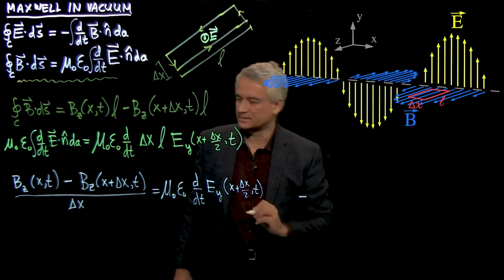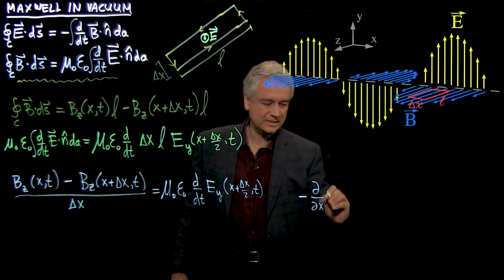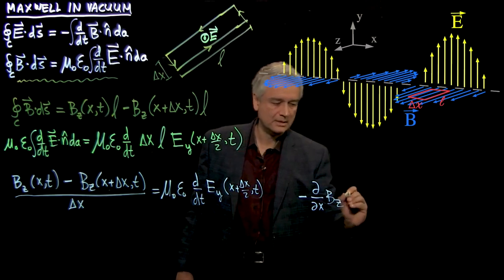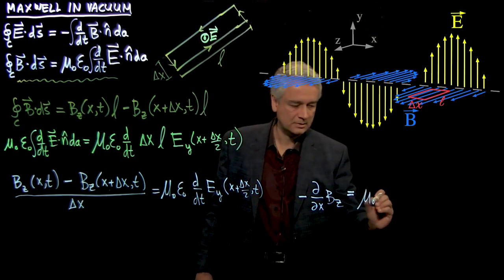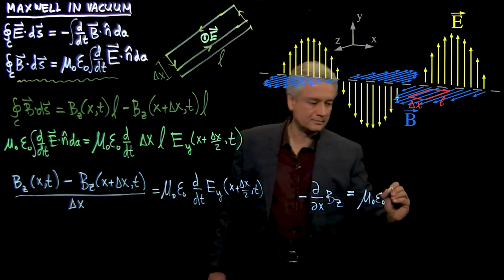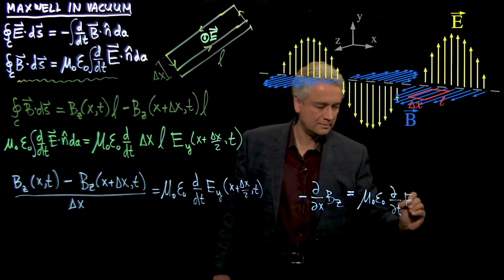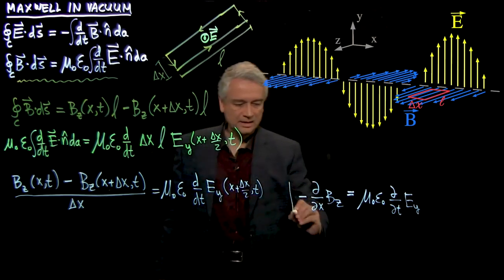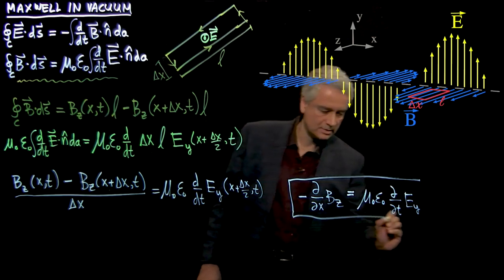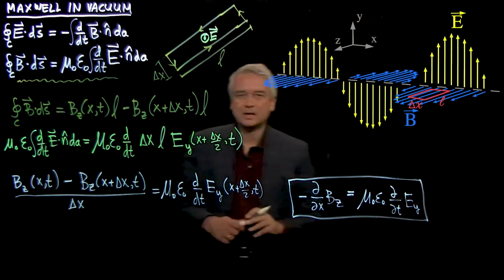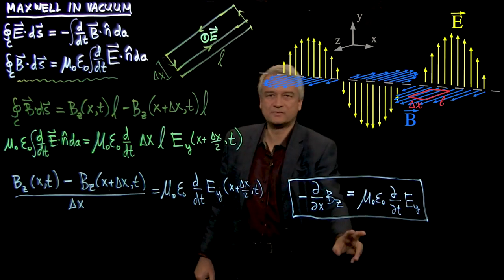So what I have is minus d by dx of Bz is equal to mu naught epsilon naught d by dt of Ey. A nice, simple conclusion. So Ampere-Maxwell, for a solution like this, takes this form.